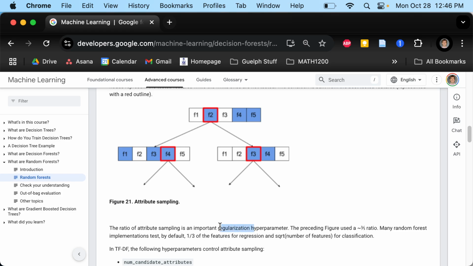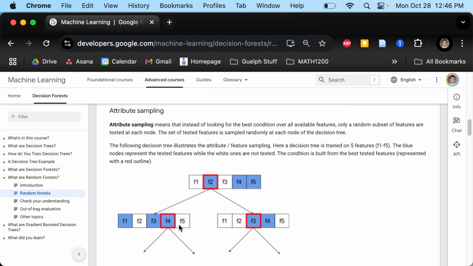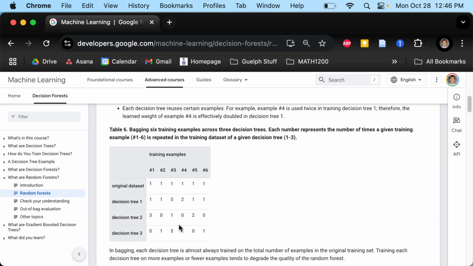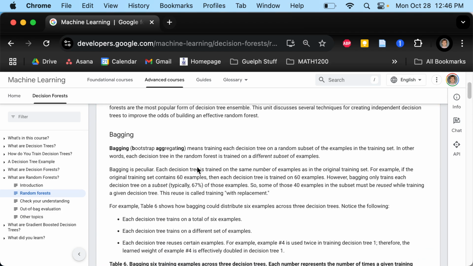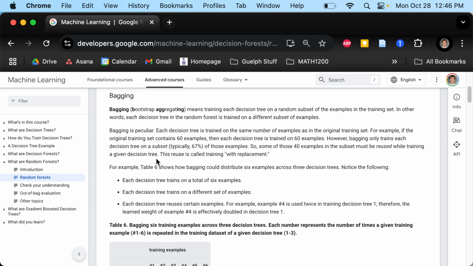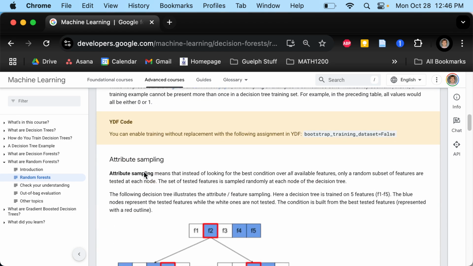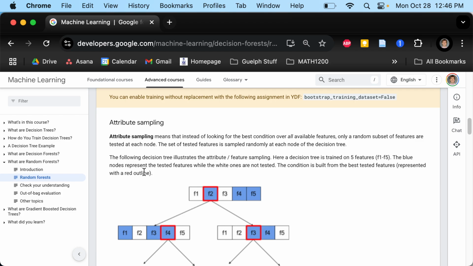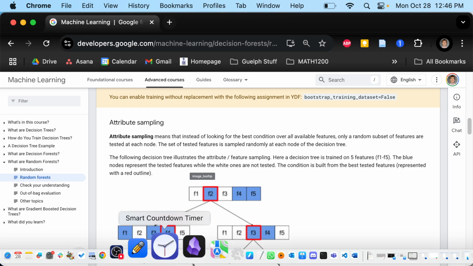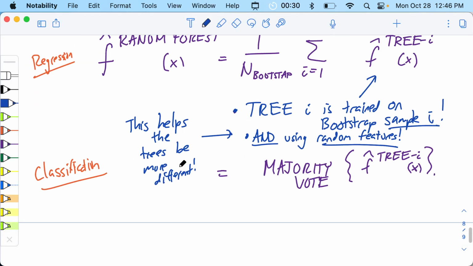We're going to talk about regularization more in the course later. So that's attribute sampling. There's also bagging, which is what we talked about before, bootstrap aggregation. That is splitting up the data set, and attribute sampling is splitting up the attributes. Random forests do both. Okay, so that's all I wanted to say about random forests.